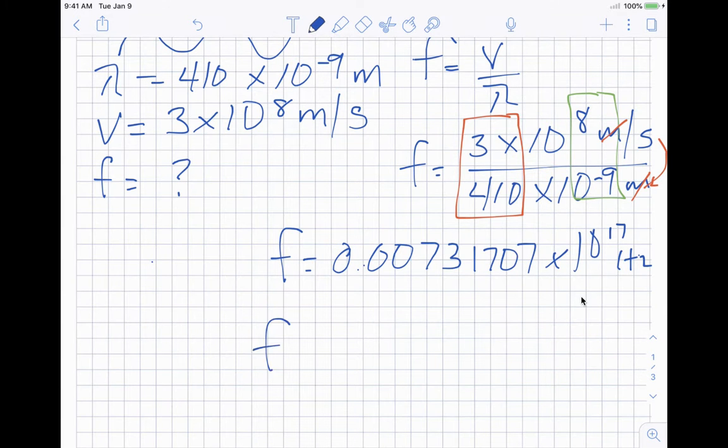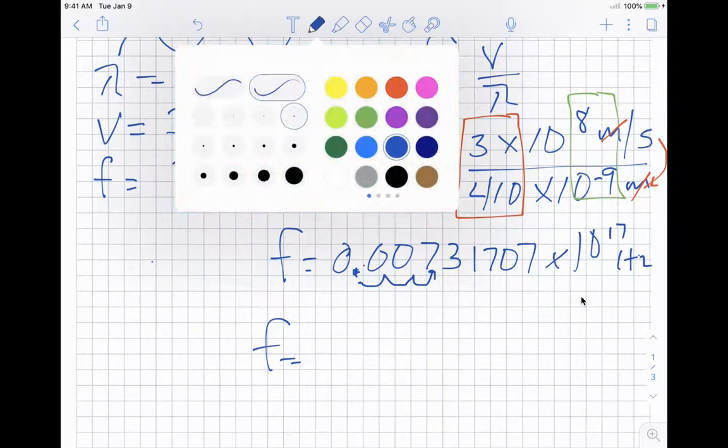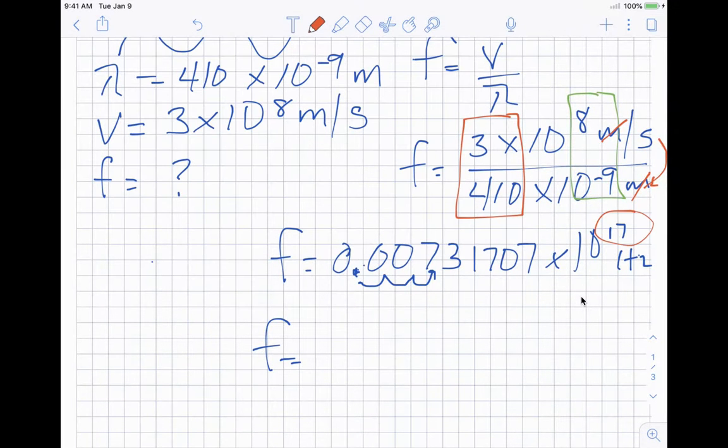So we need to basically move our decimal, which lives right here, over so that there's only one value in the whole number position, right? And so we're moving it over 3 times. And we have an exponent already in this number. It's 17.